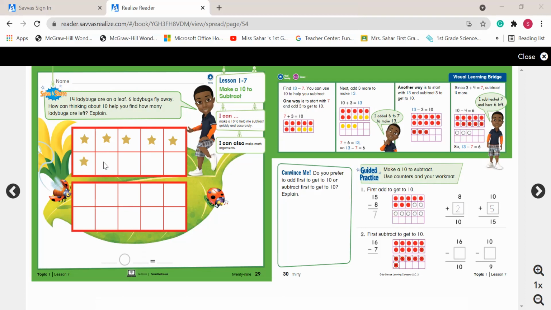Okay. Now remember what was the lesson about? To make 10. So we need to make 10. All right, so let's use counters to make 10 from 6. 1, 2, 3, 4. Now I have 10, right?